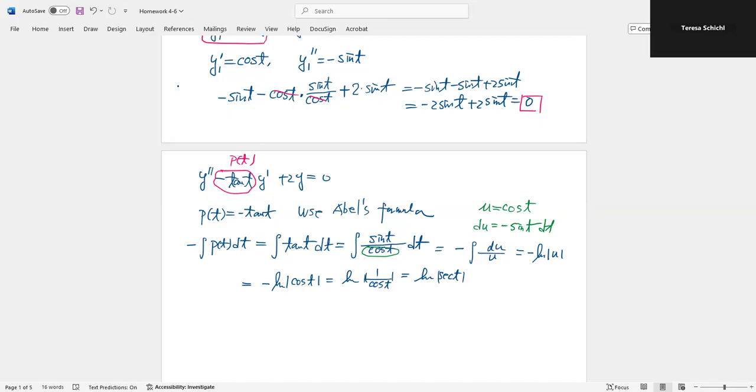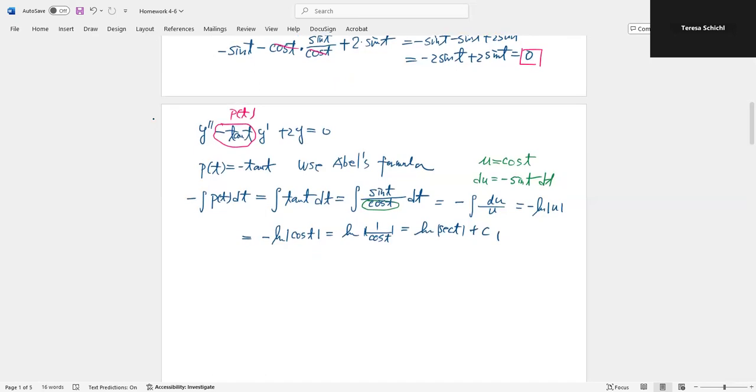All right, so natural log secant t plus c1. Now I'm going to put it into the e to the negative integral of p(t) dt from Abel's formula. Here, the integral of p(t) dt, so now this will be e to the natural log secant t plus c1.